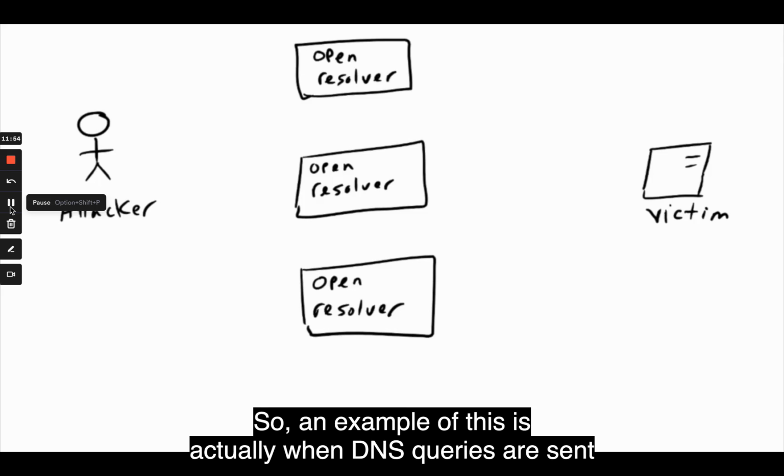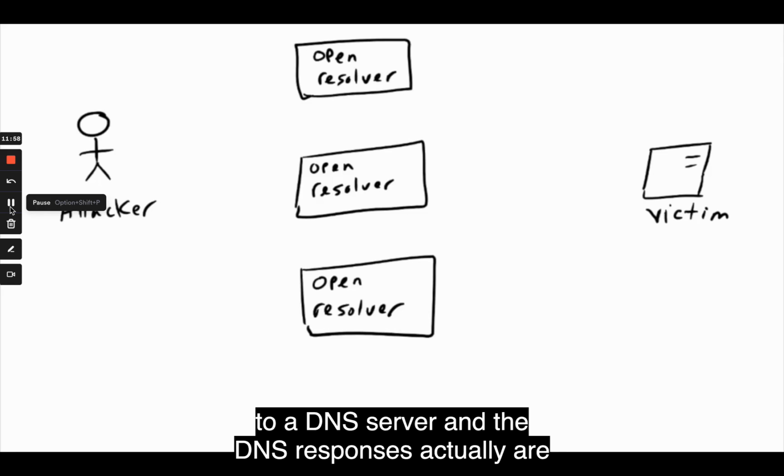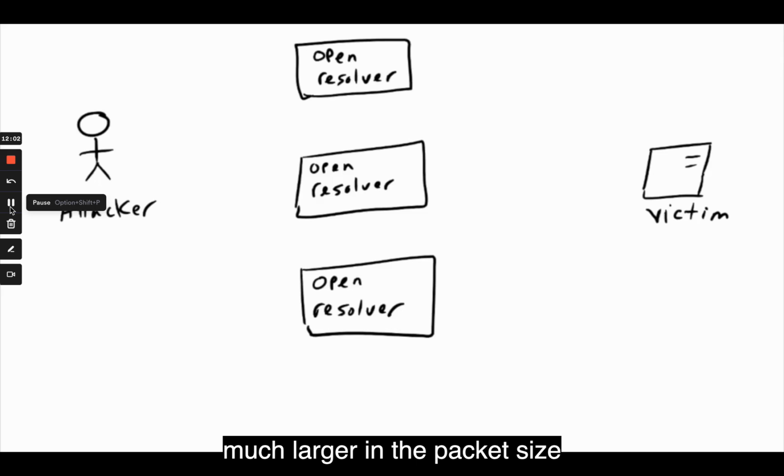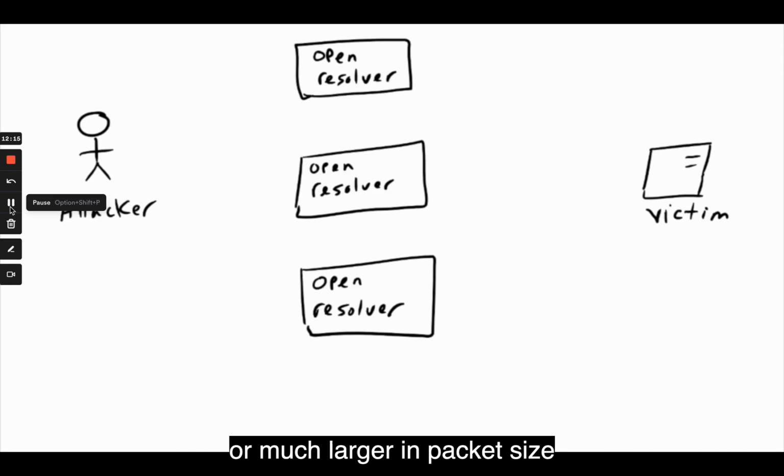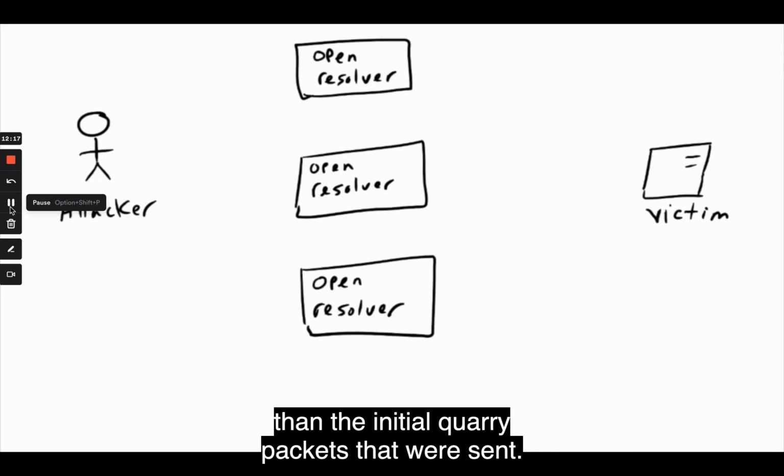An example of this is when DNS queries are sent to a DNS server, and the DNS responses are much larger in packet size than the initial request. This is what we call an amplification of the attack, since the responses are much larger in packet size than the initial query packets that were sent.